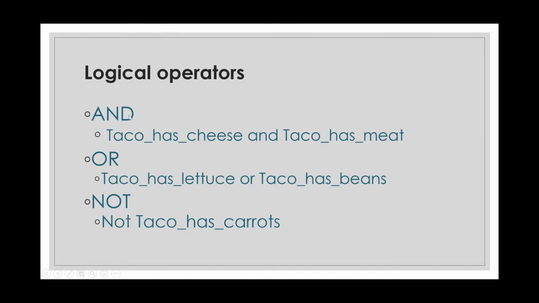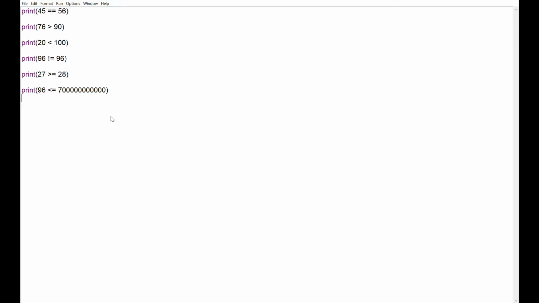So let's just start. First let's set our variables. Mine's gonna be about pizza. Yours doesn't have to be. I'm gonna do pizza has cheese equals True. And you should see it turn orange like this. Make sure you use a capital T. So it's just saying that it is true.